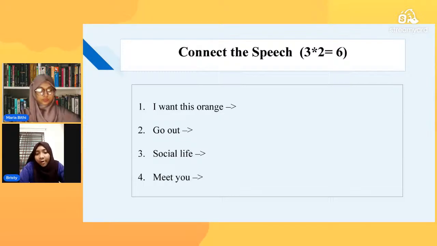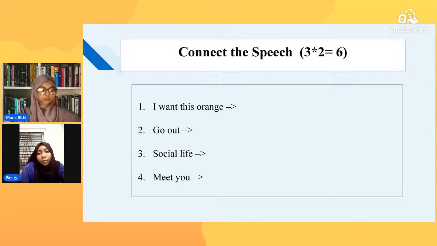I want this orange. If two words, the first word's last letter is a consonant and the second word's first letter is a vowel, then we connect them and create a consonant sound. So this orange. I want this orange. Then go out.